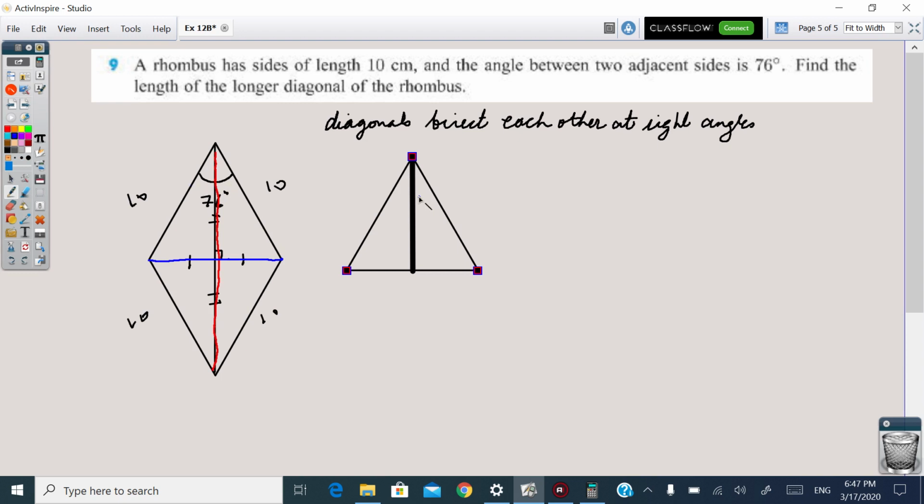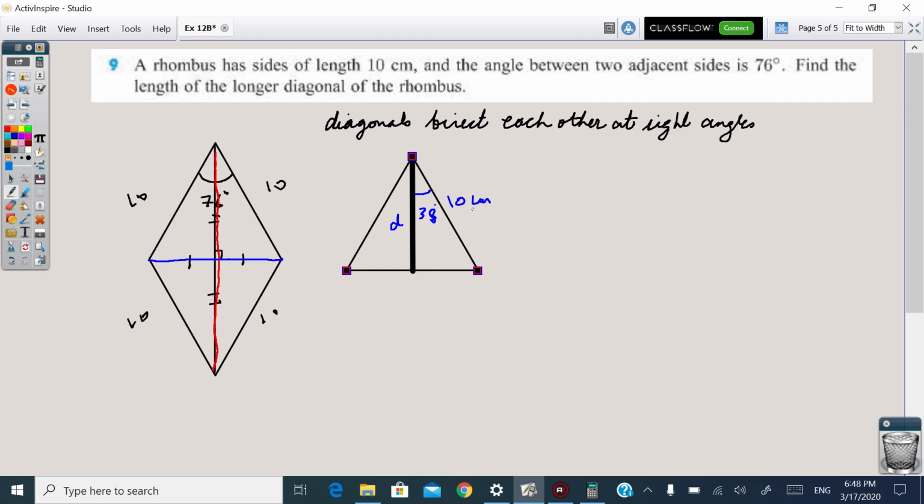So this angle here is half of the 76, which is 38 degrees, and this is 10 centimeters. Let's call this side D. D is the adjacent to the 38, and 10 is the hypotenuse.